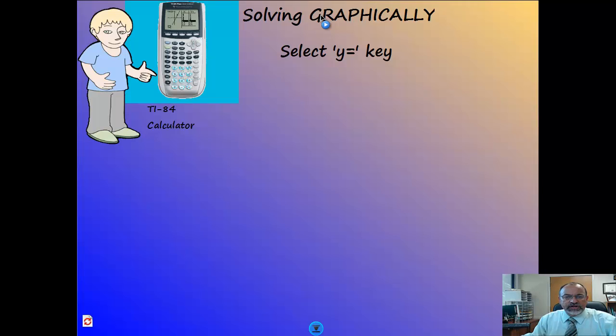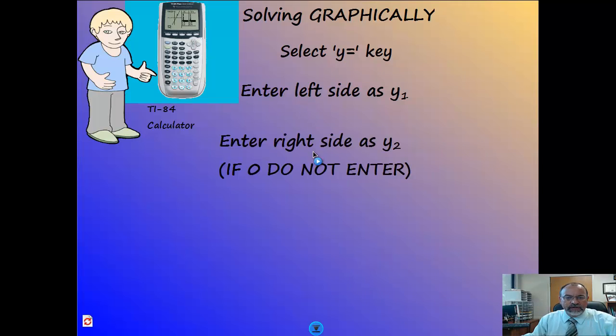Now, the way to do that on your calculator is to use the y equal key, which is in the top left. You'll enter in the left side of the expression as y1. You can then enter in the right side of the equation as y2. Now, if the right side is 0, you don't need to enter in 0 as y2, but you could. But when you graph it, you're not going to see it because y equals 0 is the x-axis.